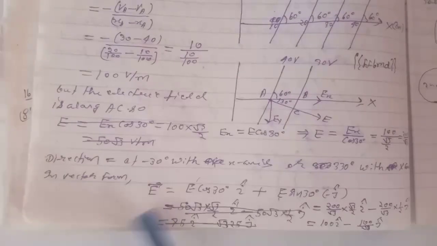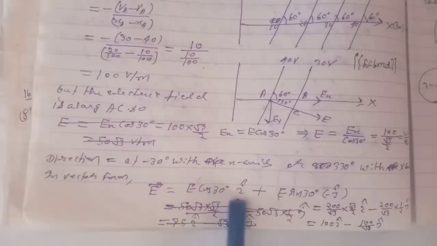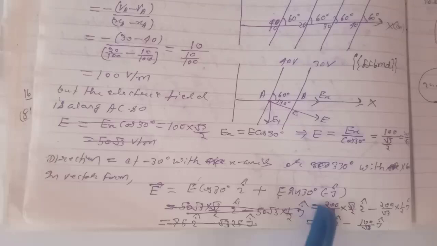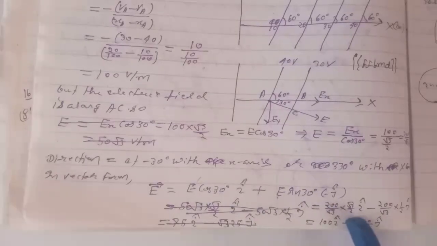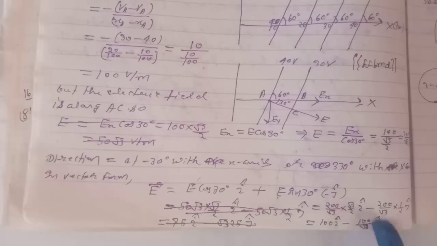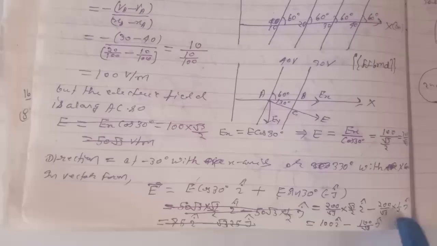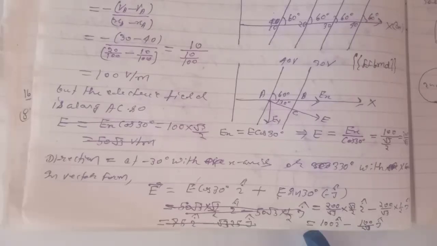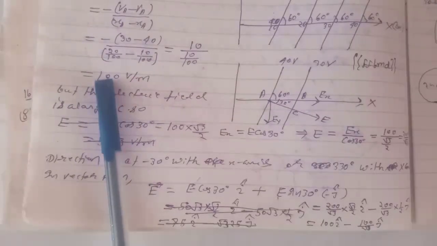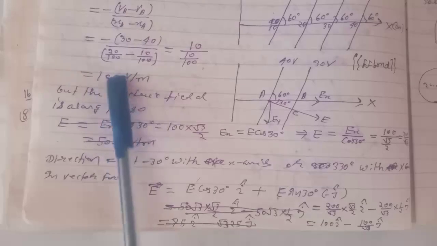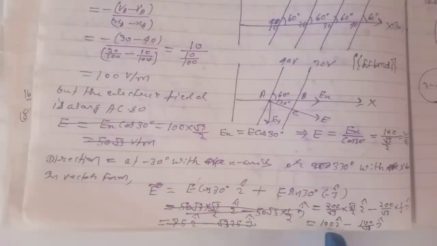In vector form, we can write the E vector equals E cos 30 i cap plus E sin 30 of minus j cap. So 200 by root 3 into root 3 by 2 i cap minus 200 by root 3 into 1 by 2 j cap. Solving, we will get 100 i cap minus 100 by root 3 j cap, and we have calculated here the X component of the electric field as 100, and here also we find 100.